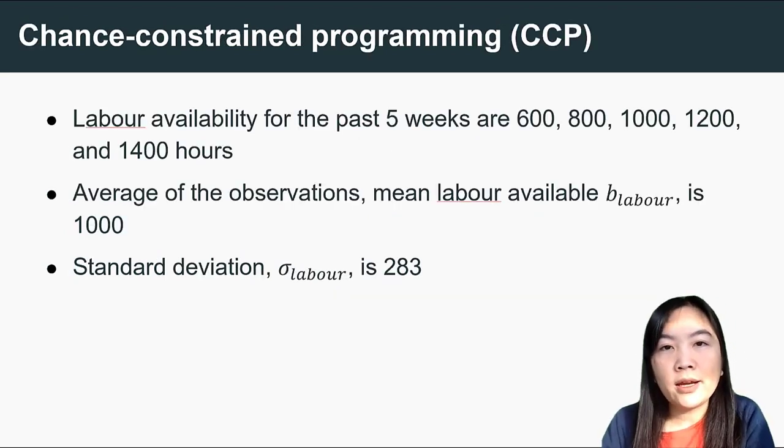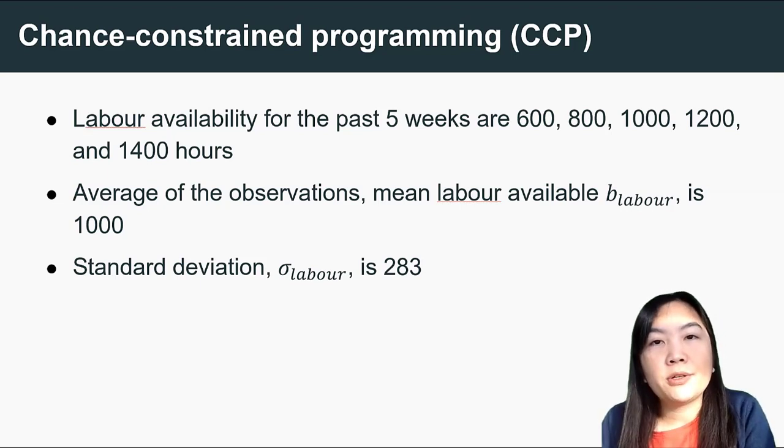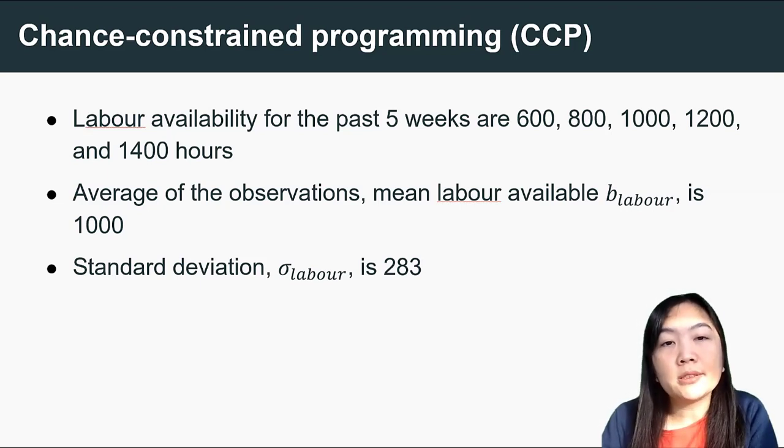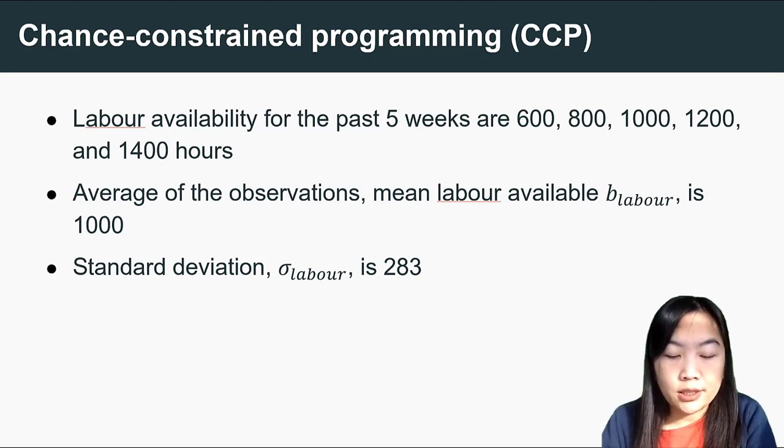And in the last lecture, we knew for sure that there were 1,000 hours of labor available. However, now suppose there's risk or uncertainty here, so that the labor available is not certain.